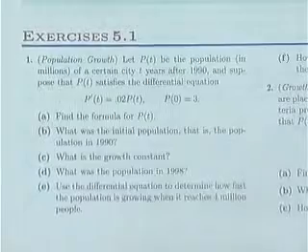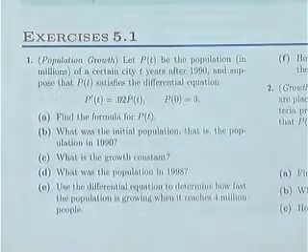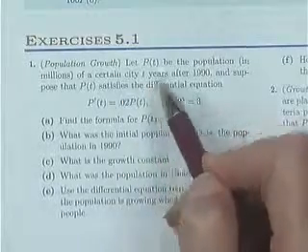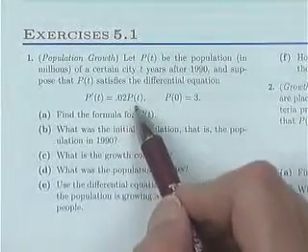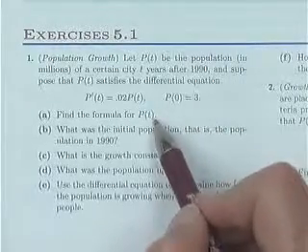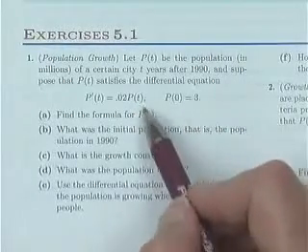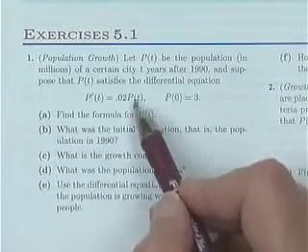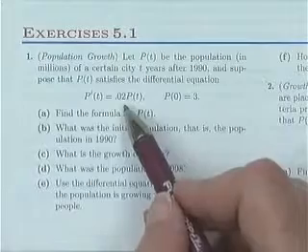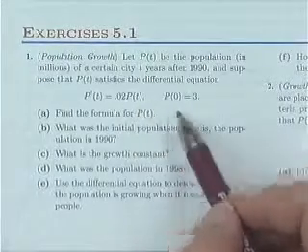And P prime of t, remember that's change in population with respect to time, and our time is in terms of years, is 0.02 P of t, P sub 0 equals 3. Just looking at that, everybody, tell me what the formula for P of t is. 3 e to the 0.02 t.